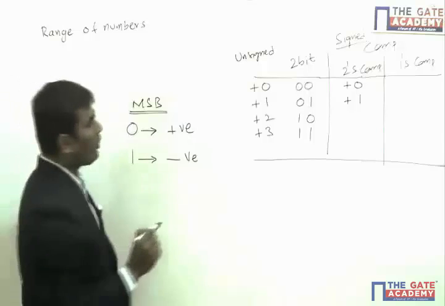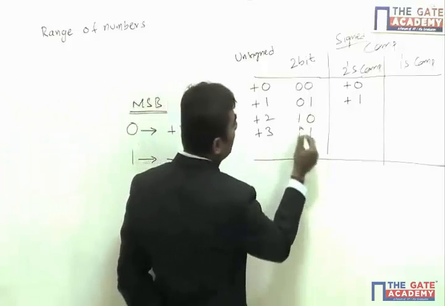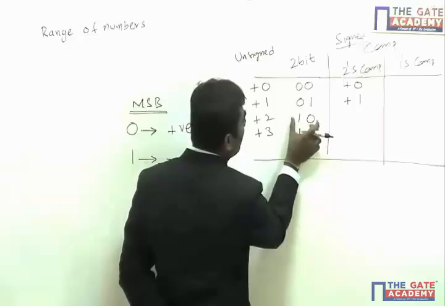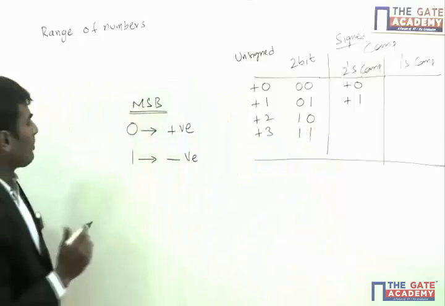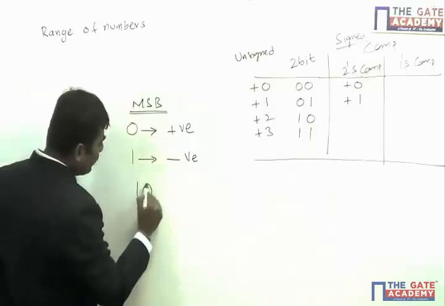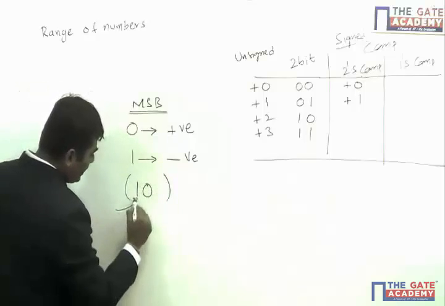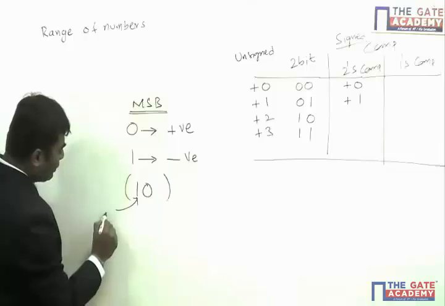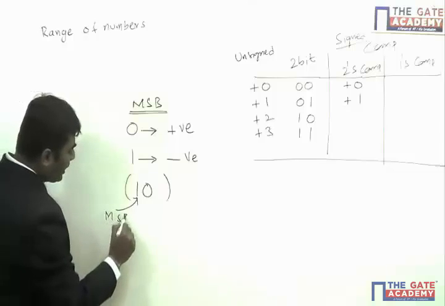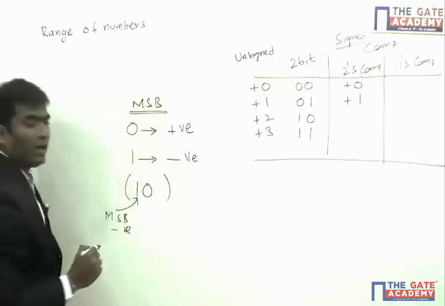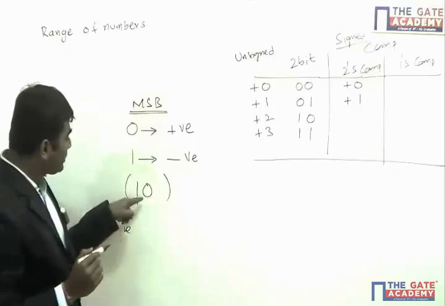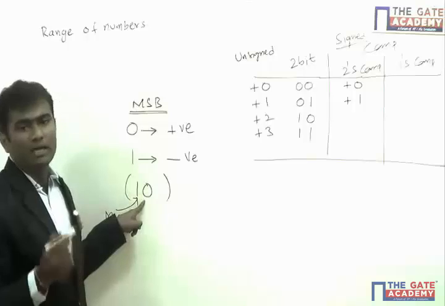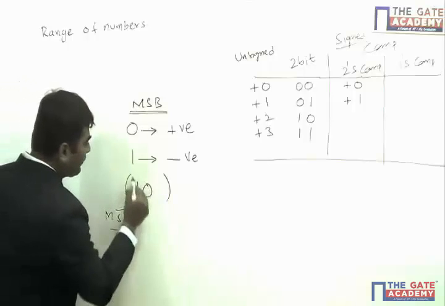Now we want to know what this bit combination 1 0 represents in terms of 2's complement representation. As soon as you see the MSB, it gives you a hint that it is a negative number. Negative number means this number is wearing a mask.